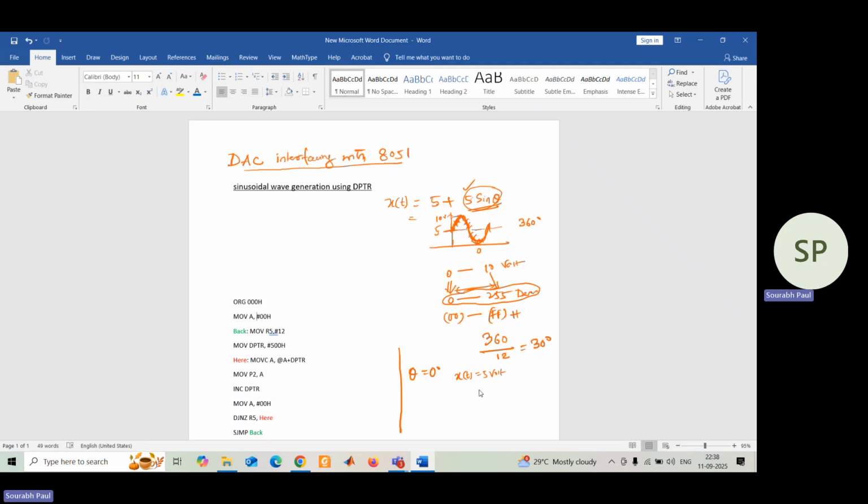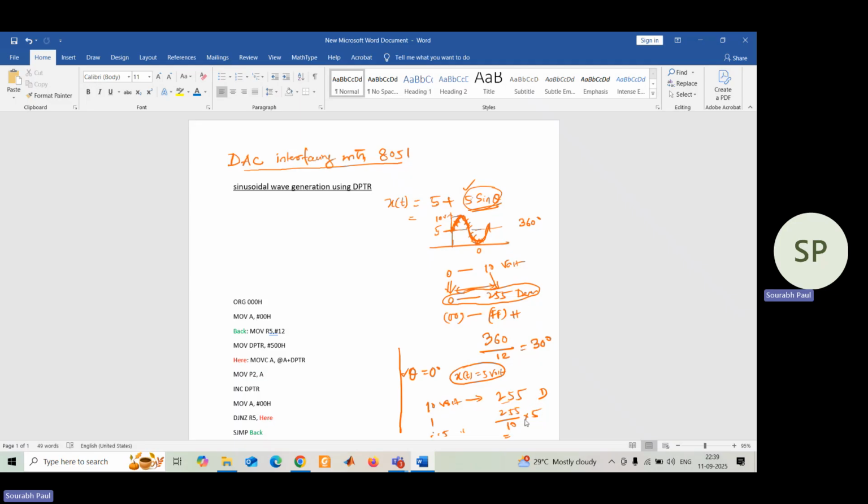We can calculate it very easily. 10 volt of analog value corresponds to 255 as the digital or decimal value. Then 1 volt corresponds to 255 by 10. Similarly, for 5 volt, where x equals 5 when theta equals 0, it is multiplied by 5. This is rounded because the digital value cannot have a fractional value.